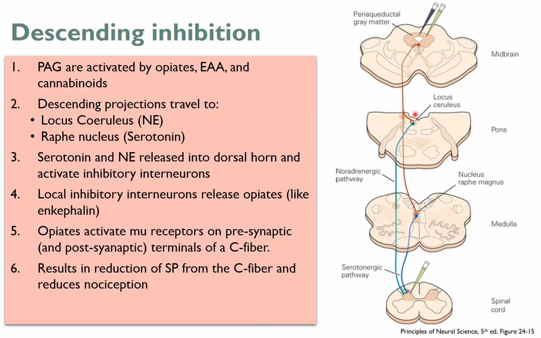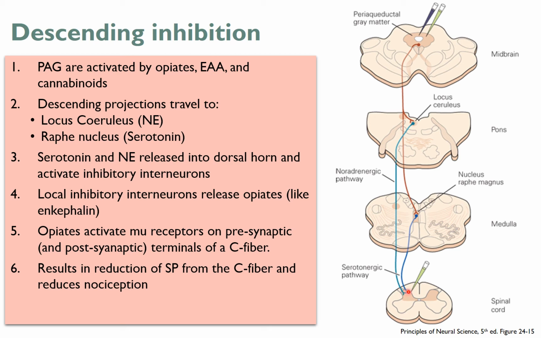If these projections go to the locus coeruleus, it will activate a neuron cell body located in the locus coeruleus, and it does so by excitatory amino acid mechanisms. Now, this locus coeruleus neuron has a projection that will go on down to the relevant area in the dorsal horn.